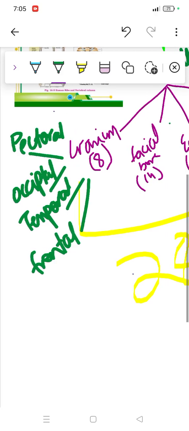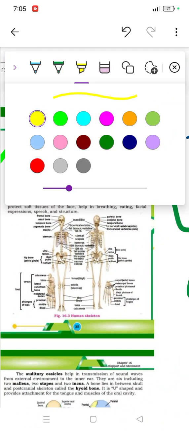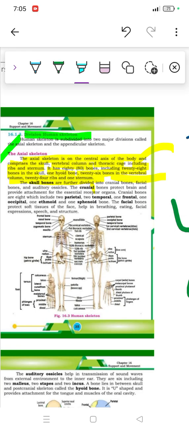These four are the main part of our brain. And we have more: parietal, temporal, occipital, then the ethmoid and the sphenoid, both bones as well. One ethmoid, one sphenoid bone.